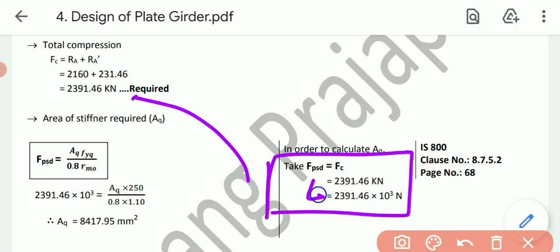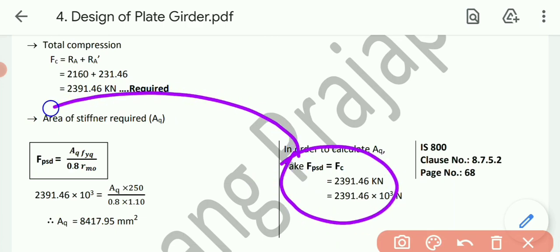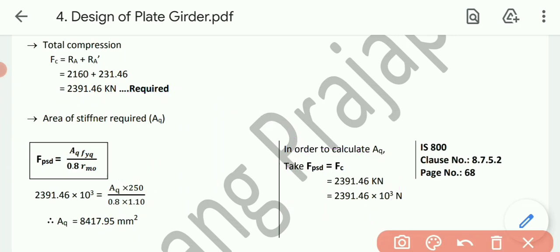Let's convert it into Newton, and then put this value of FPSD in this formula. So 2391.46 into 10 raised to 3, AQ unknown, Fy that is 250, and gamma m0 that is 1.10. From this formula we will get the value of AQ, that is the area of the stiffener. So AQ equals 8417.95 mm square. Now that's the requirement of the area of the stiffener.